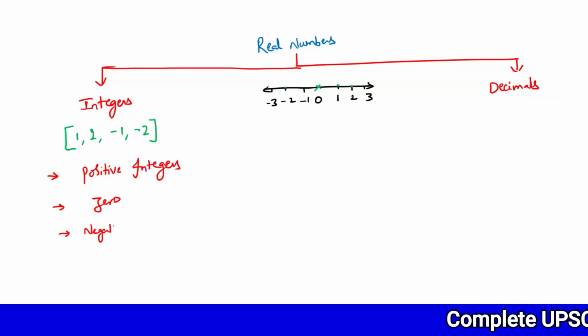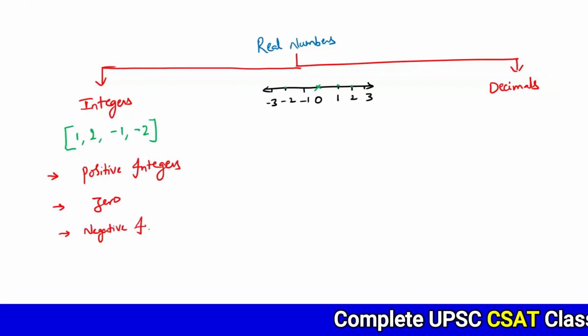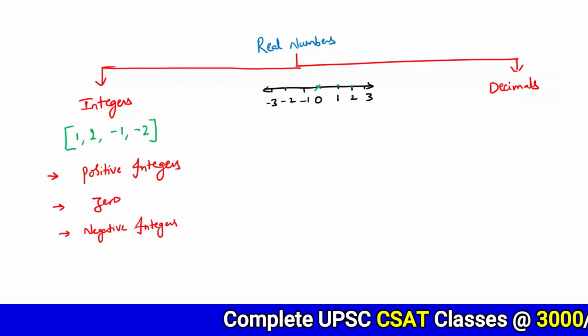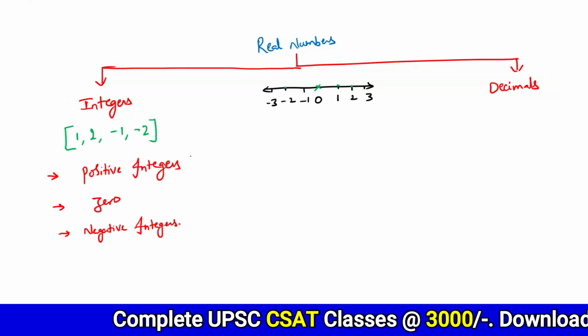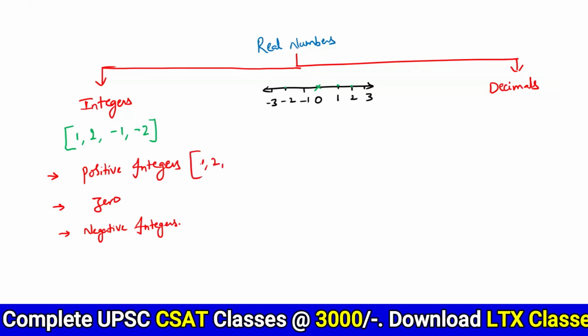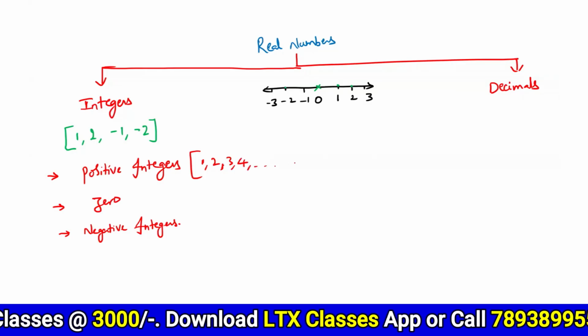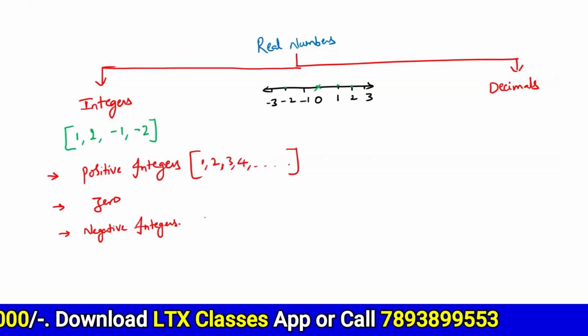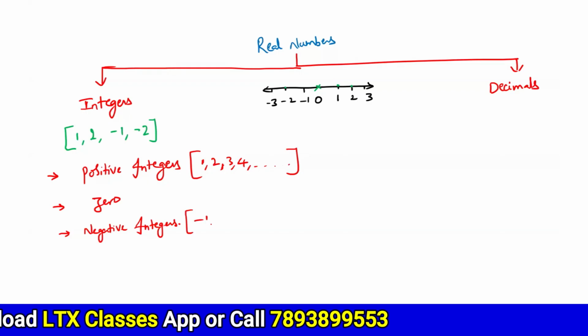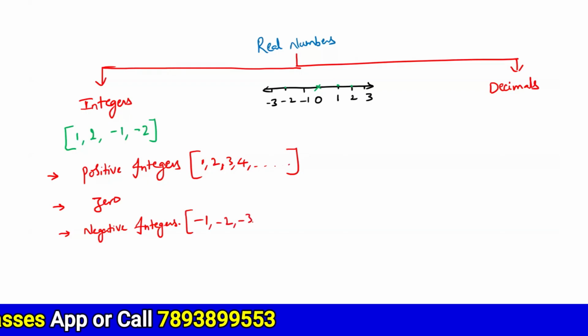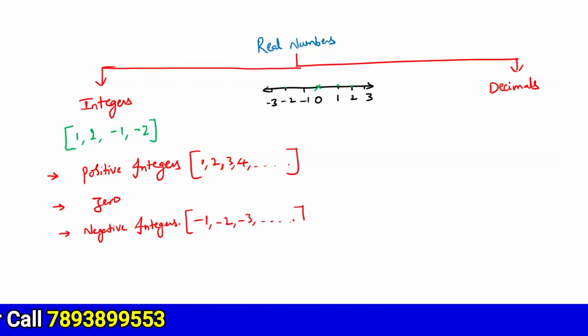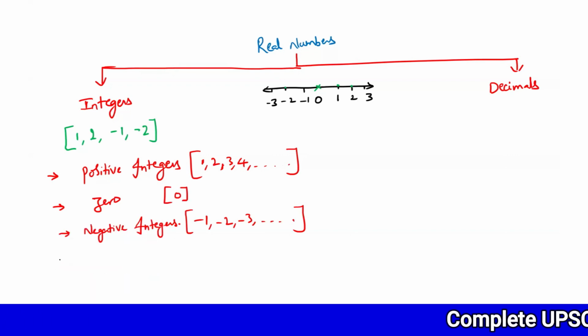Yes, correct. Positive integers are numbers like 1, 2, 3, 4, and so on. Negative integers are -1, -2, -3 and so on. And 0 is represented like this. There is one more terminology which can be asked in your questions.